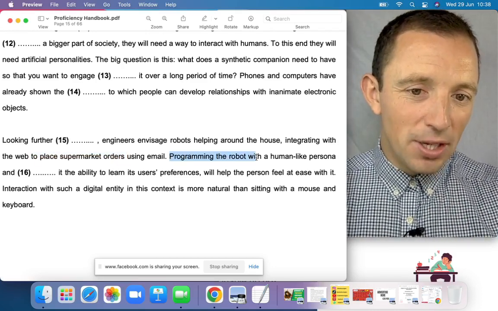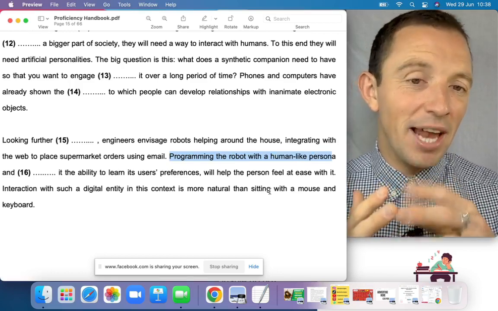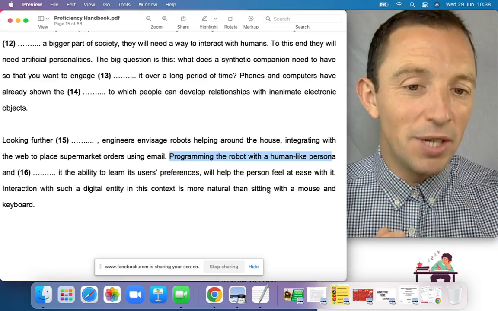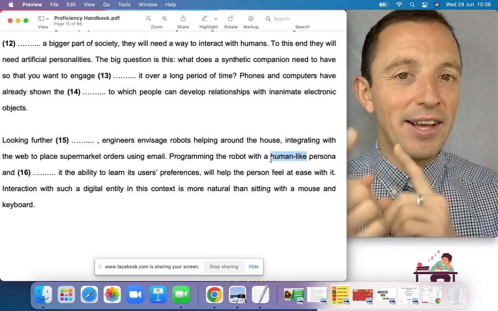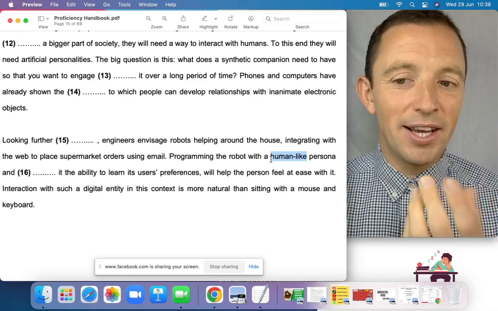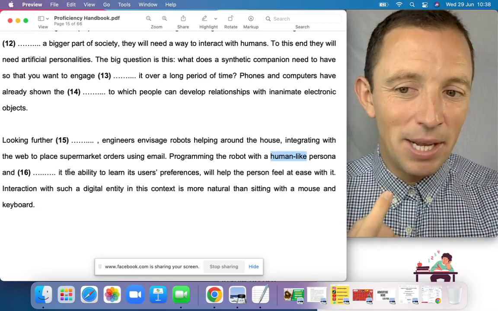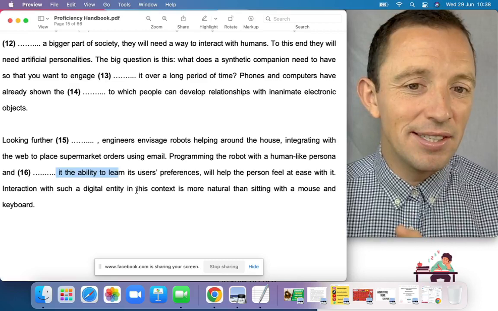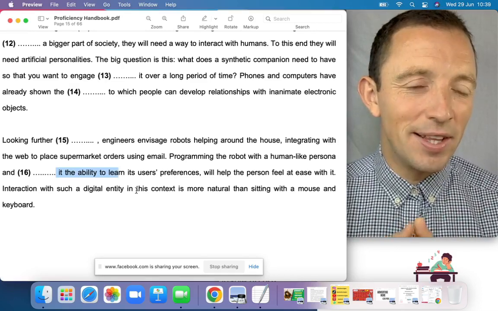Programming the robot with a human-like persona, so developing the settings of the robot, programming the robot with a human-like is the adjective. It's obviously like a human, but one adjective, human-like. Persona means character, and something the ability to learn its users' preferences will help the person feel at ease with it.